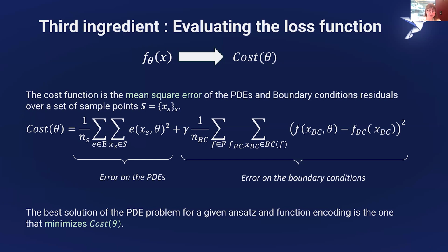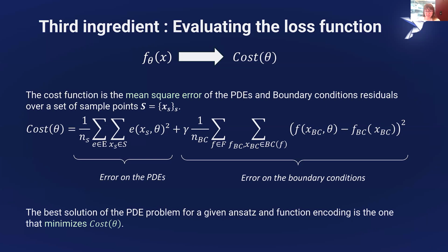In the first term, the solution function and its derivatives and other components of the equations are plugged into the set of differential equations to see how well they satisfy them across a chosen number of sample points. In the second term, the difference is taken between the trial solution function at the boundaries and the required boundary conditions. So the goal of the optimizer, of course, is to minimize the sum of these components.